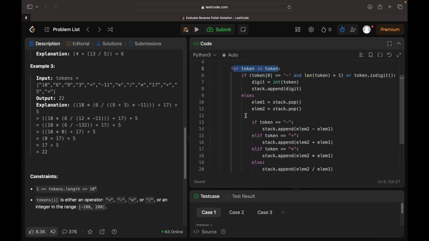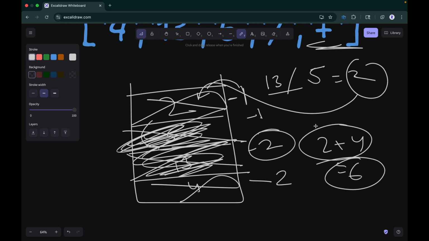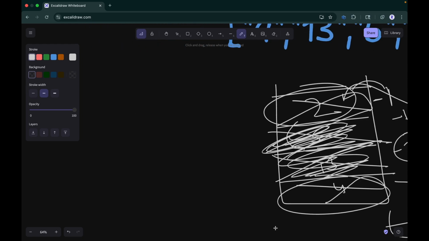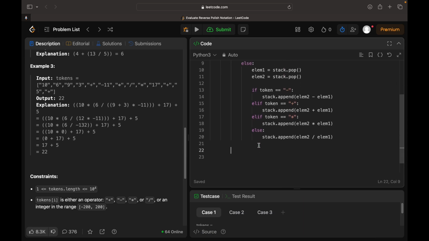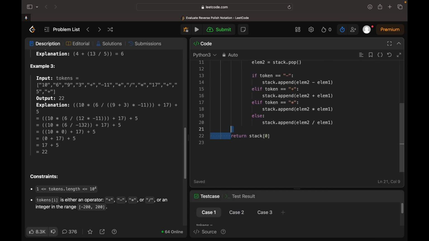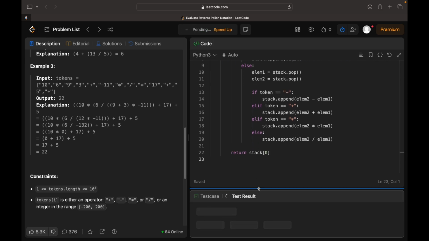Now we only have 1 element in the stack, because after we did 2 plus 4, so the last element here plus this element here, we got 6 and we appended it to the stack. So what we want to do is return the element that is present at index 0. So we have return stack at index 0, right? And that's pretty much everything. So let's run it and see if that works out.